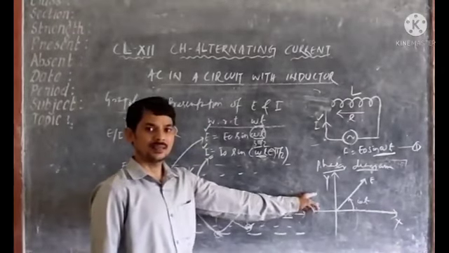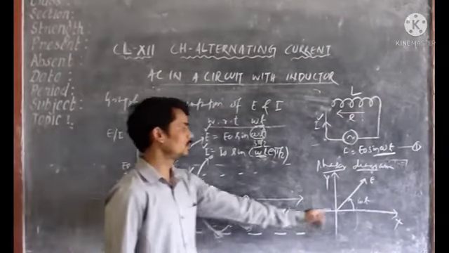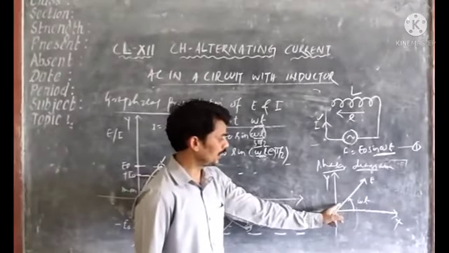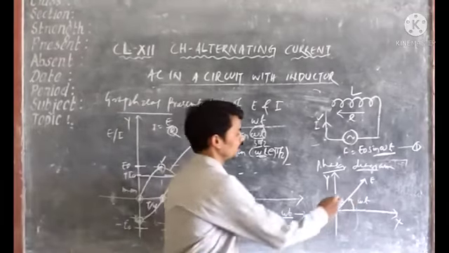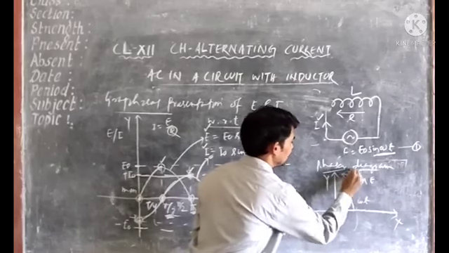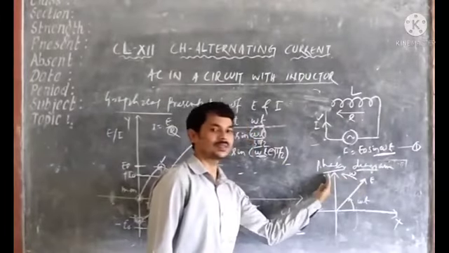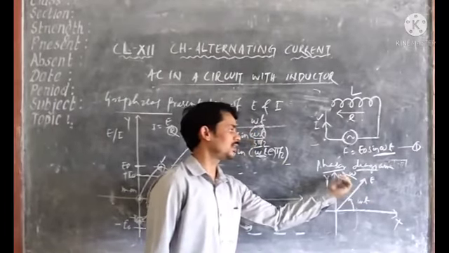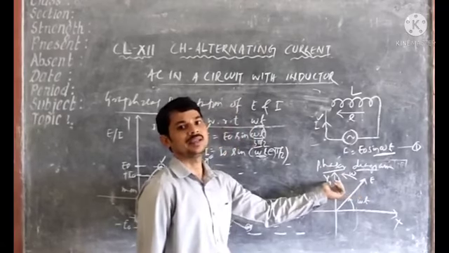Now as the current lags behind the alternating EMF, this current has to appear behind this alternating EMF, and we know that the phasor always rotates in the anti-clockwise direction with angular frequency omega. So whatever comes ahead of E, in the anti-clockwise direction of E, that will be E hat.